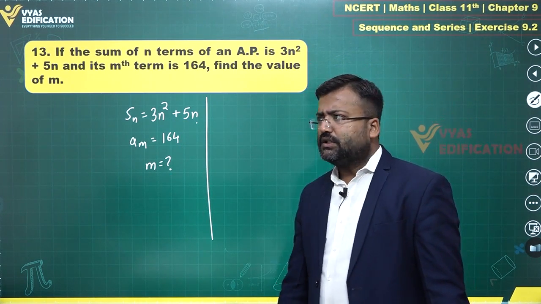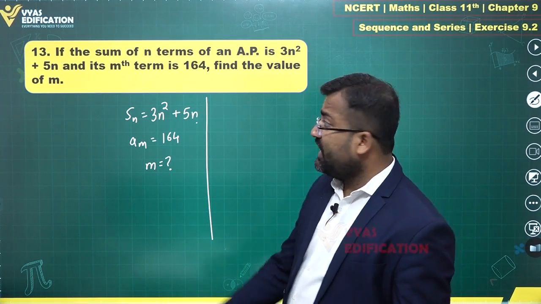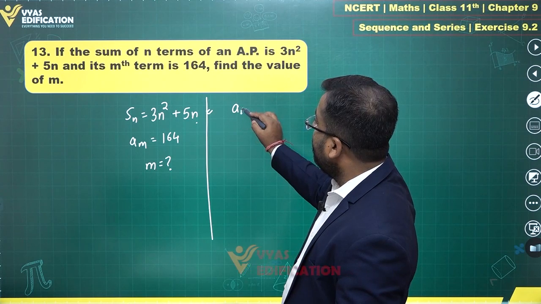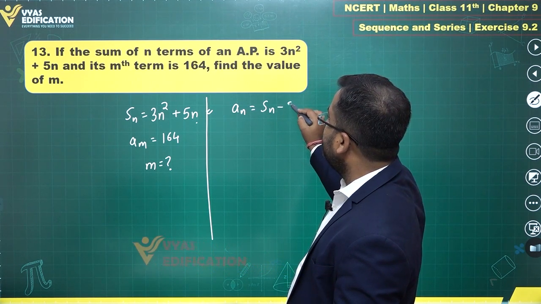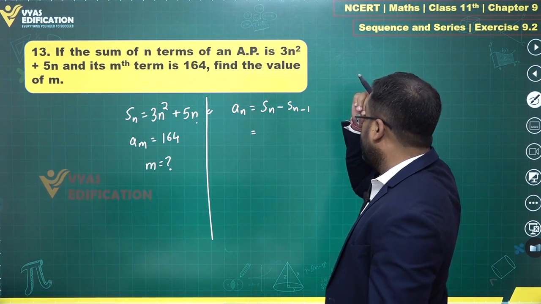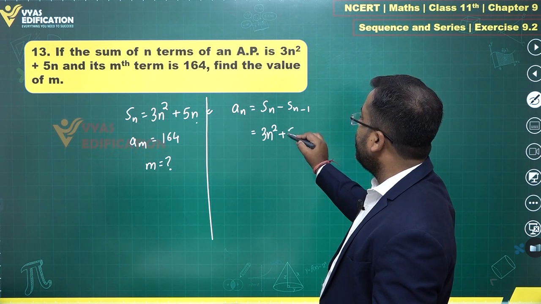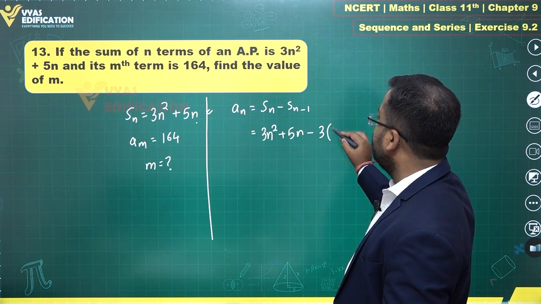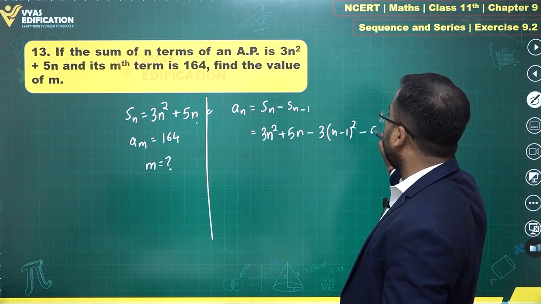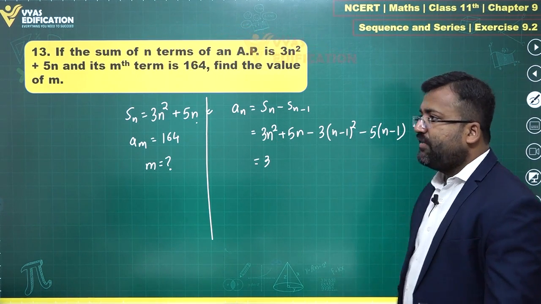How will we do that? We can always write the nth term easily given the value of Sn. An will be Sn minus Sn minus 1. Let's write that. An will be equal to 3n square plus 5n minus 3 times (n minus 1) square minus 5 times (n minus 1). 3 can come out common: n square minus (n minus 1) square.